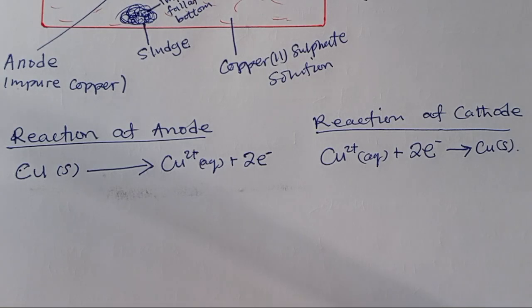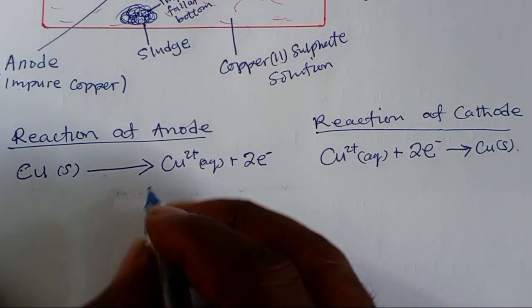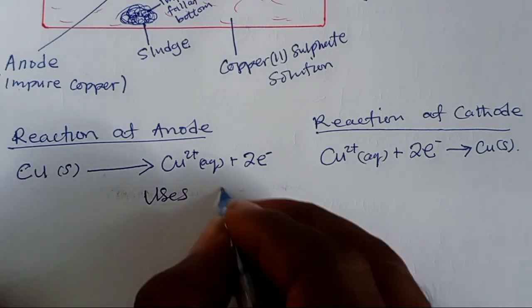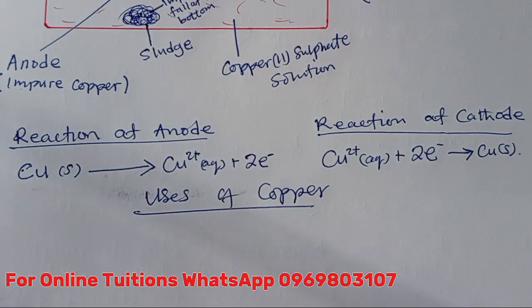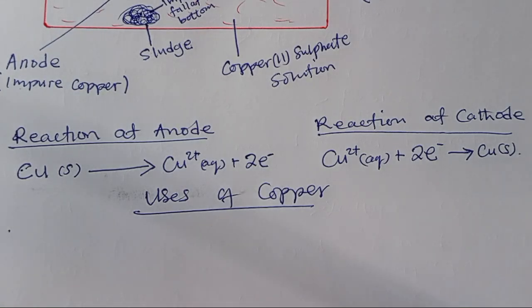Now we look at the uses of copper. Number one, copper is used to make electric cables or electric wires. They can ask you what makes copper to be used to make electric wires or cables. The reason is simple.